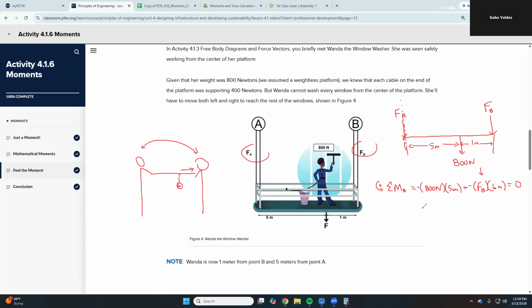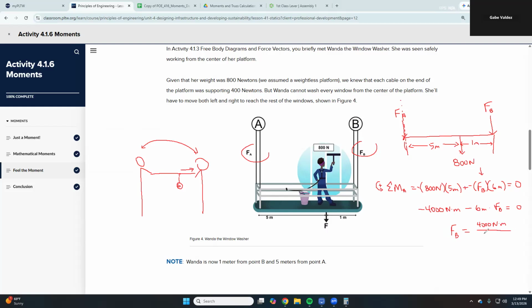So this 800 times 5, that's going to be negative 4,000 Newton meters, minus 6 meters times FB, force in member B, that equals 0. So now I can start moving things around and isolating my variables. By isolating this algebraically, I move the 4,000 Newton meters to the right-hand side, so I add 4,000 Newton meters to both sides.